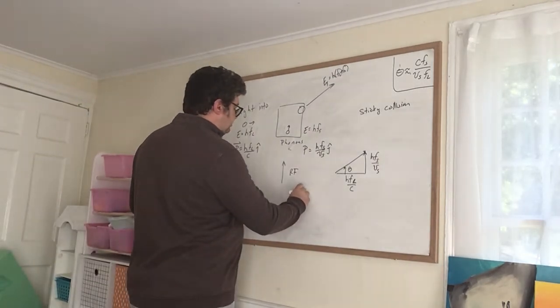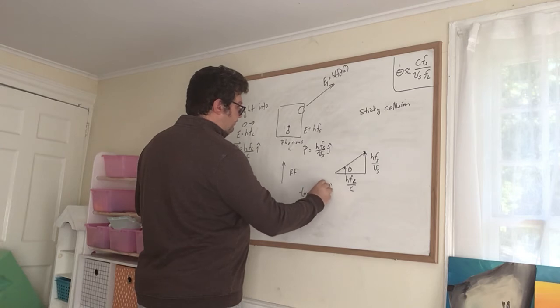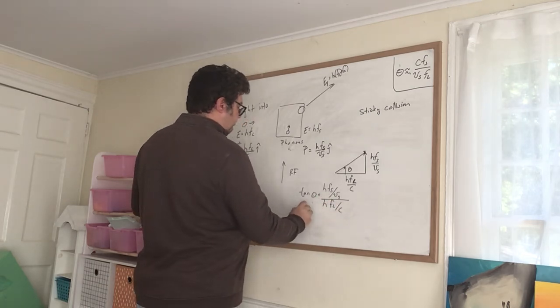So the tangent of theta is equal to h f_S over v_S divided by h f_L over c.